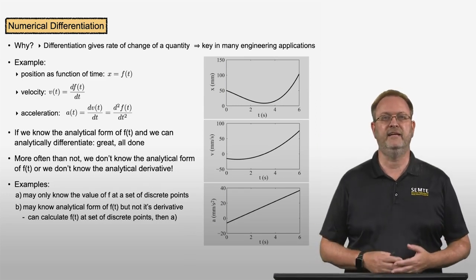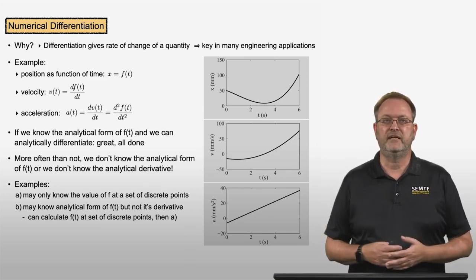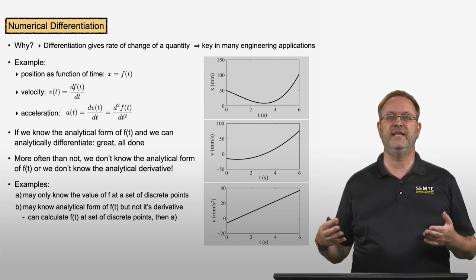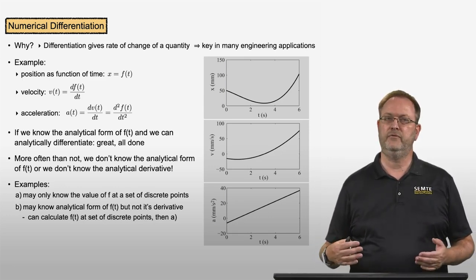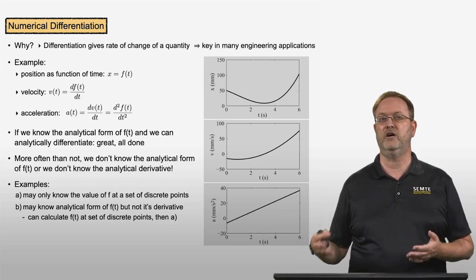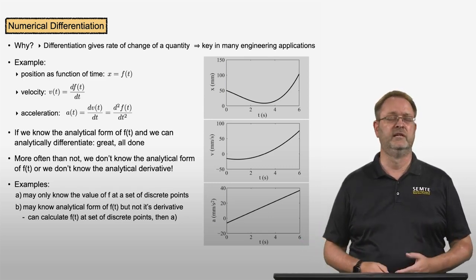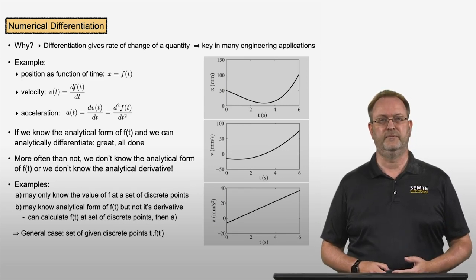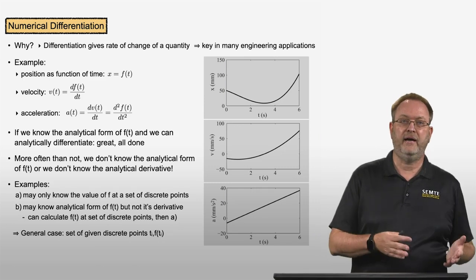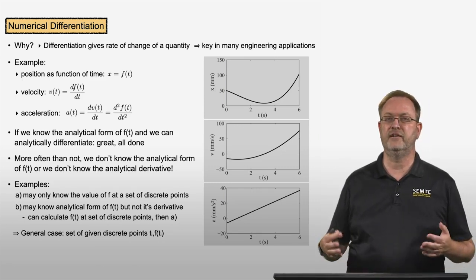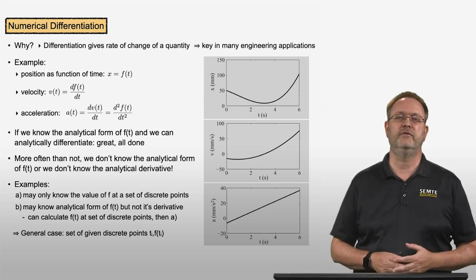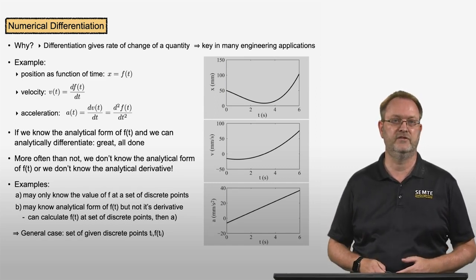So in this second case, if we know the analytical form of f of t, we can use this to calculate discrete data points, and then we can revert to example A, because now we have discrete points of the function that we will then use to calculate the derivative. So because both cases can be brought back to finding the derivative of a function that is given as a set of discrete data points, that is the most general case that we will look at in this module.